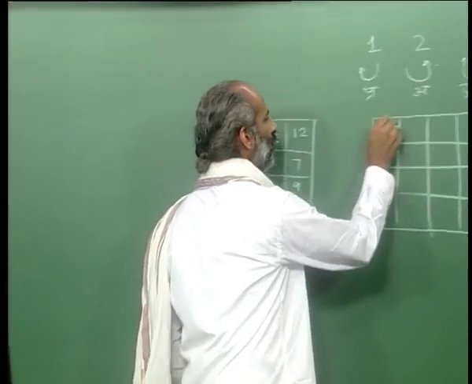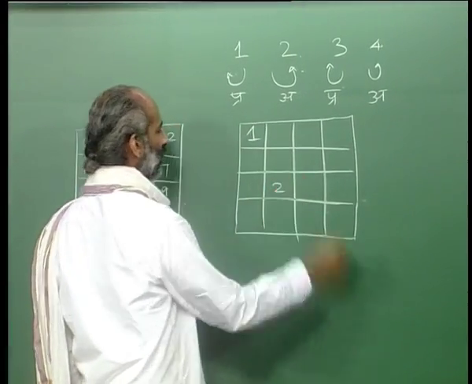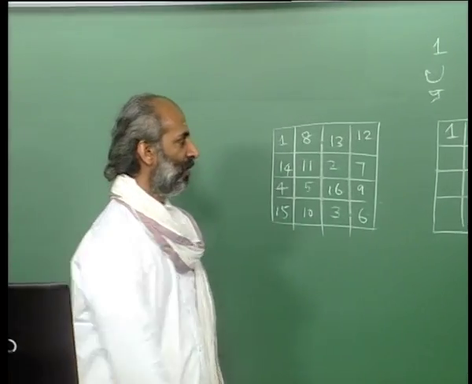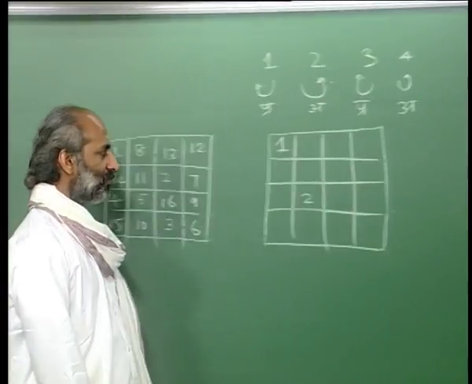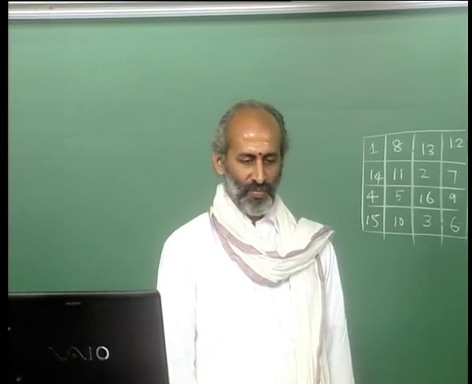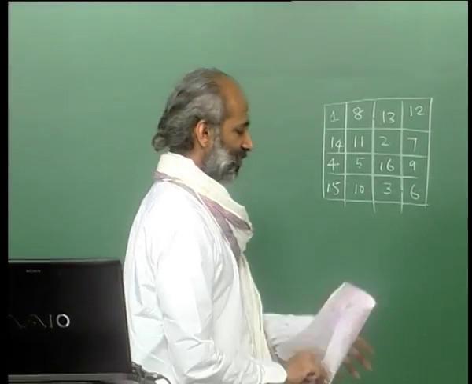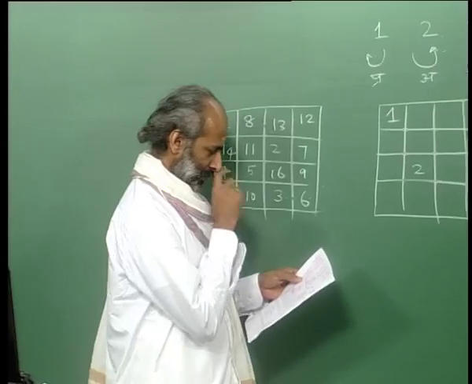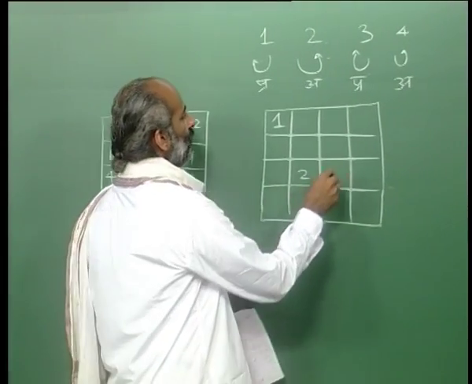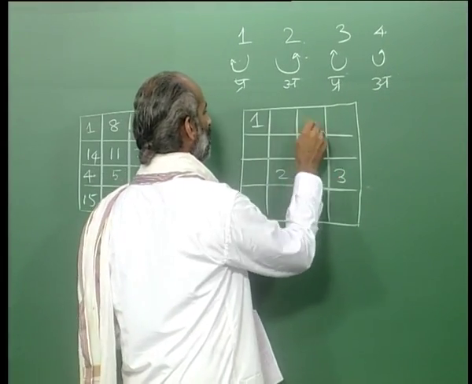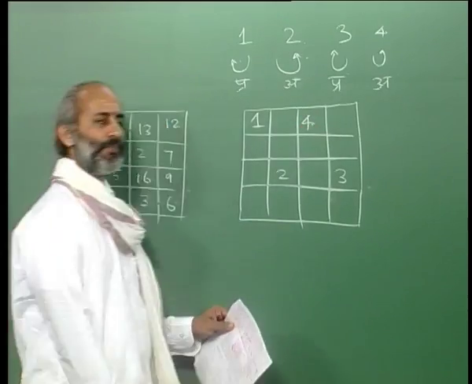So, I start with 1 and then I place 2 here. So, you can place 3 here and then 4 will jump.